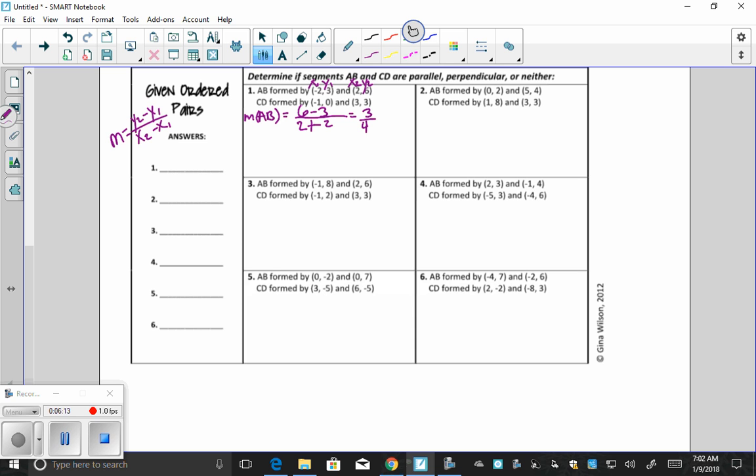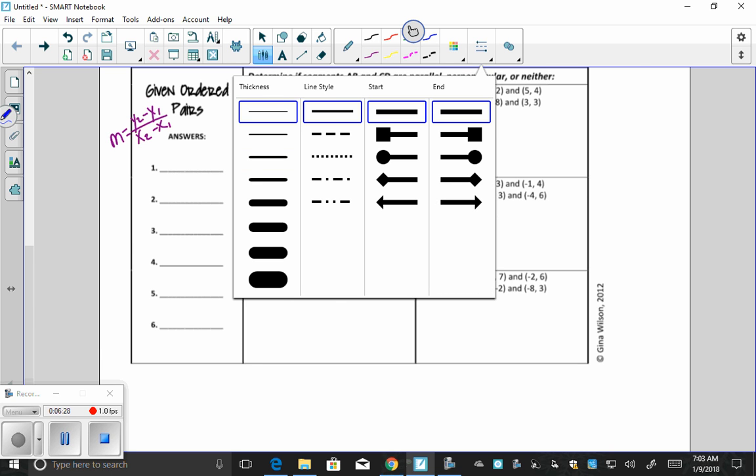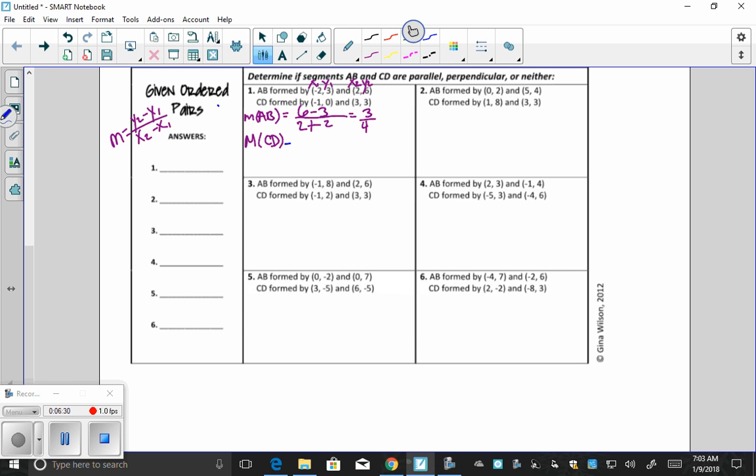Now I have to find the slope of my second line, and I'll change color so it doesn't get mixed up. There again, you can label them if you want to. I'm not going to label them.